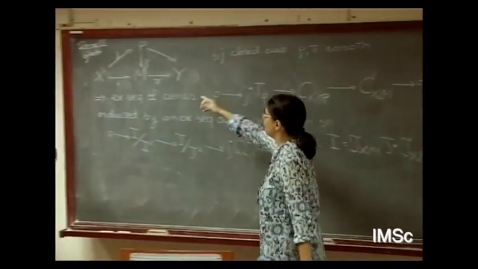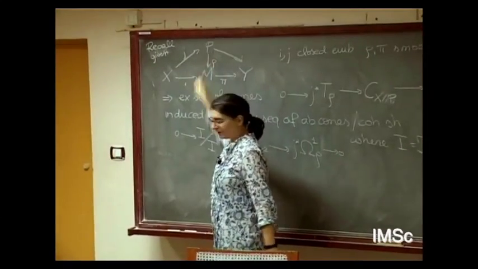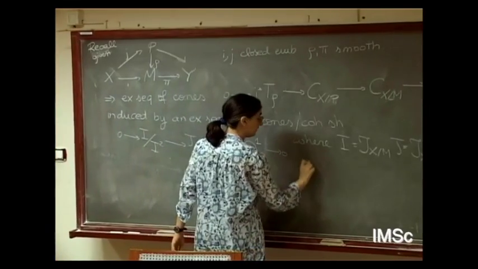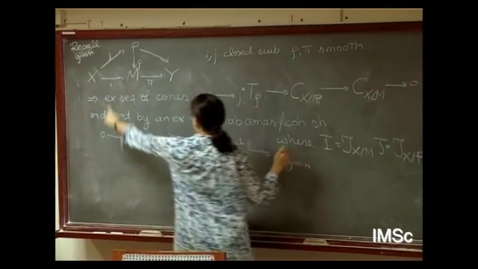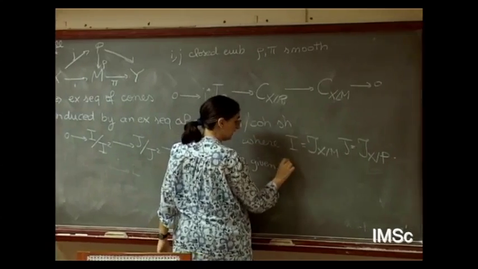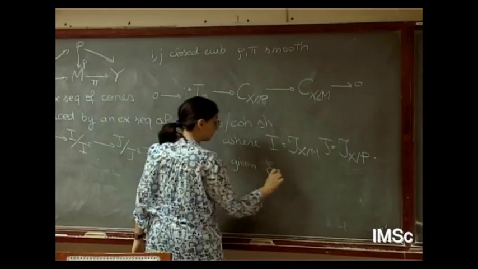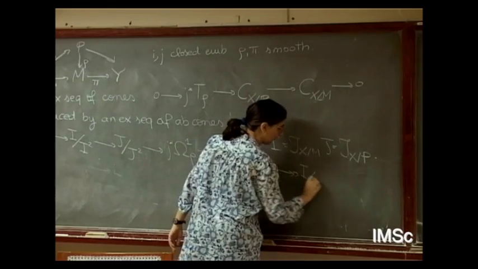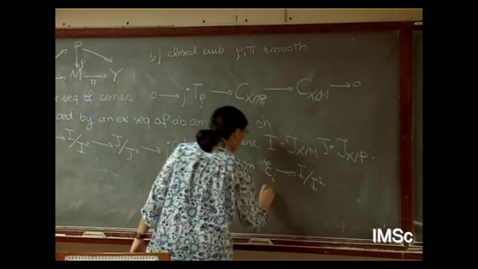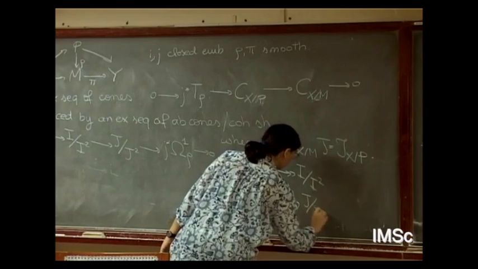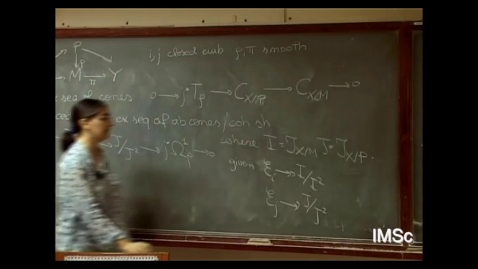So assume we are given, on this one, an E_I surjecting on I mod I squared, and an E_J surjecting on J mod J squared.